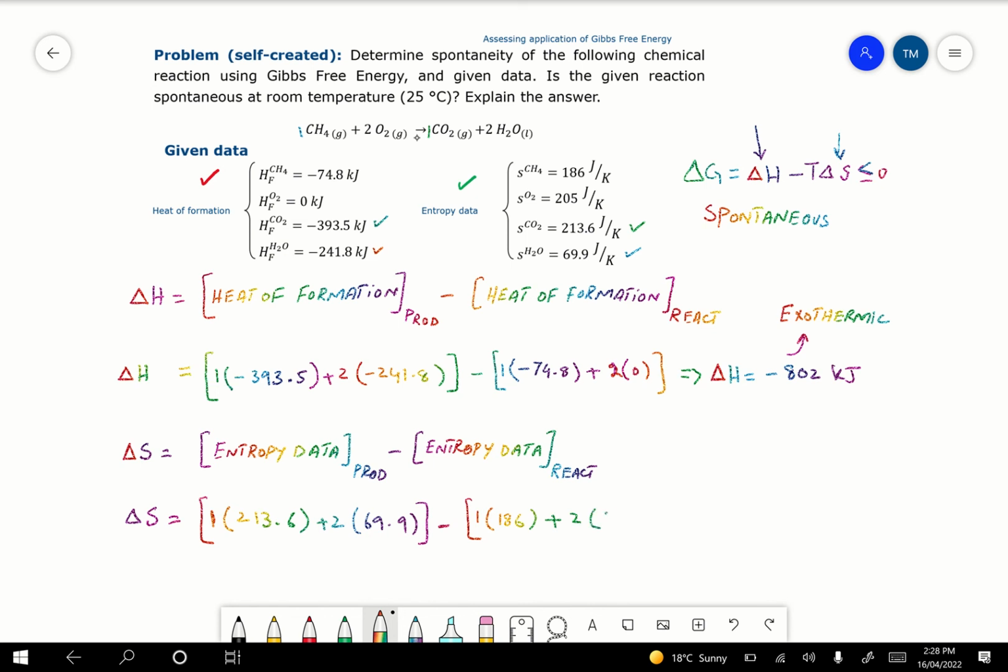Oxygen is 205. This is for the reactants.